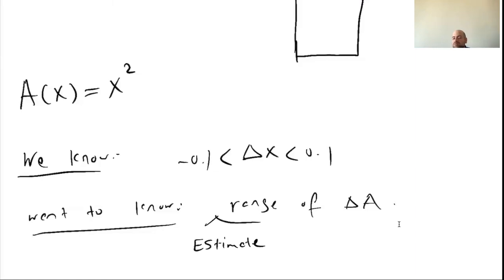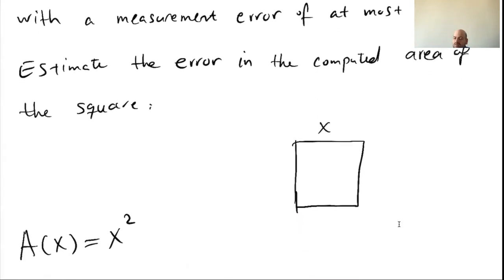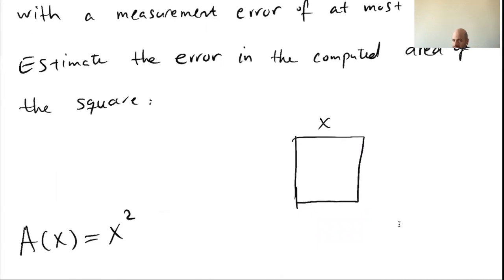So delta x could be something between minus 0.1 to 0.1 centimeter. And we want to know the range of delta A is between which numbers? If the error in measuring the side is 0.1, will the error in measuring area also be 0.1, or is it going to be less or more? So that's what we want to find out.